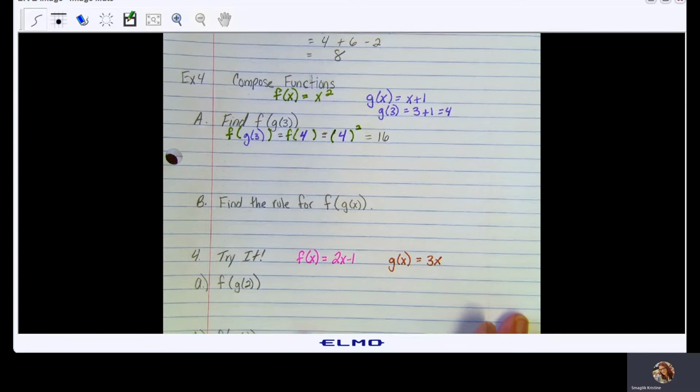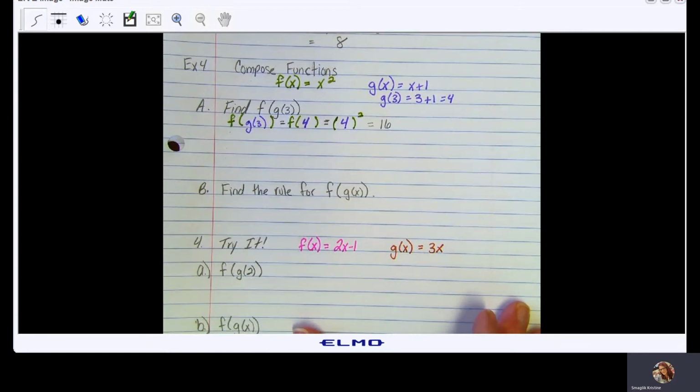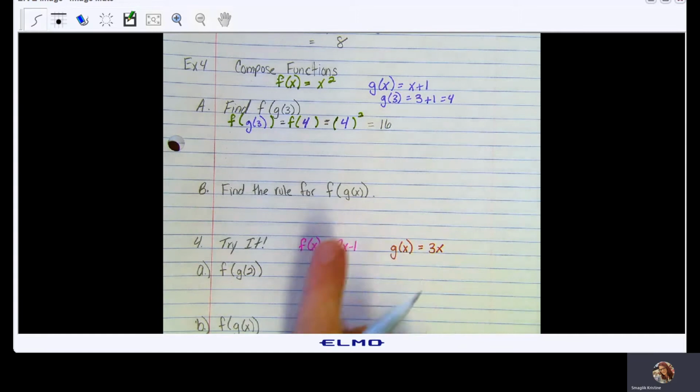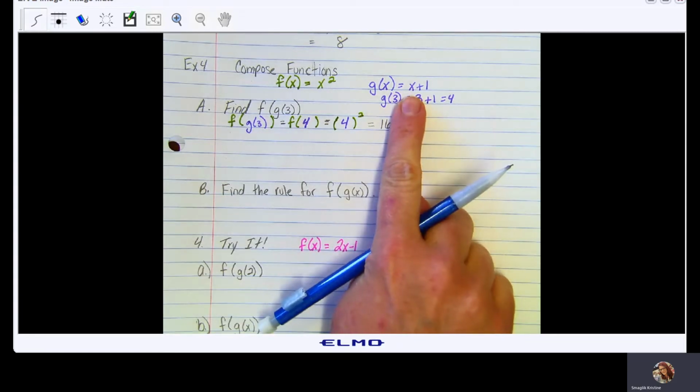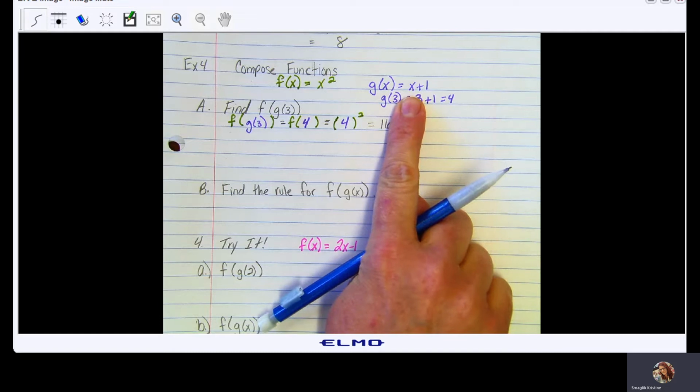Now on B it says find the rule for f of g of x. Remember your function here, this x plus 1, it represents some unknown number. Anytime we use a variable, it is just a placeholder for an unknown value. So here's what we're going to do.